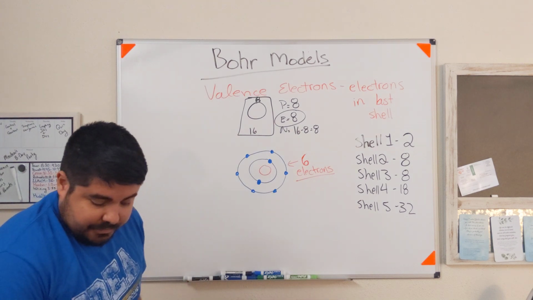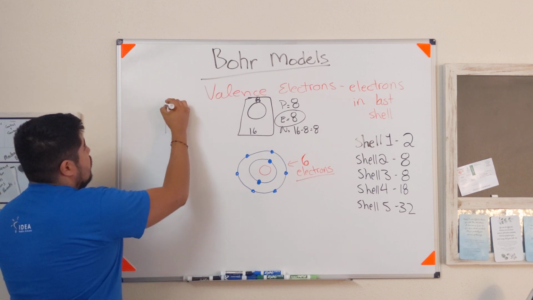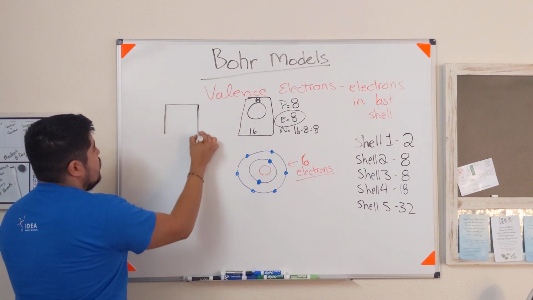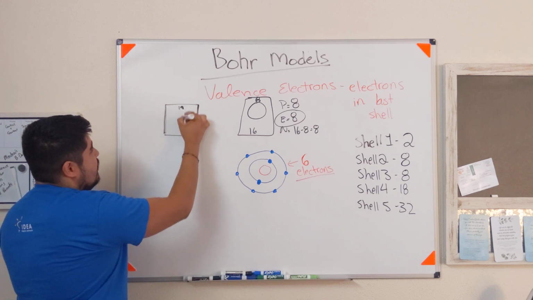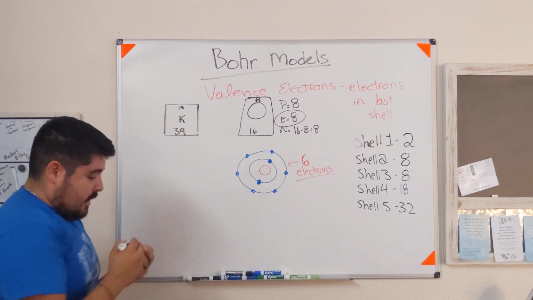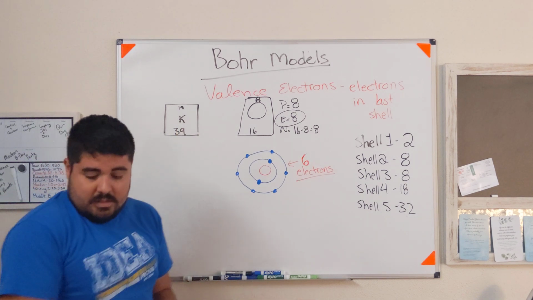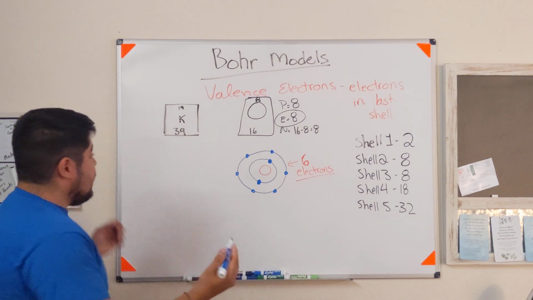Now, let's do another one. We're going to do potassium. Potassium is 19, K 39. This is going to be a little more challenging.